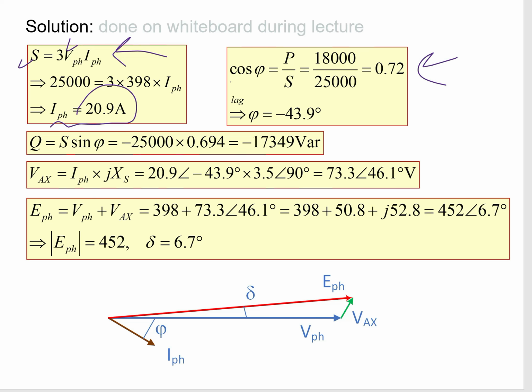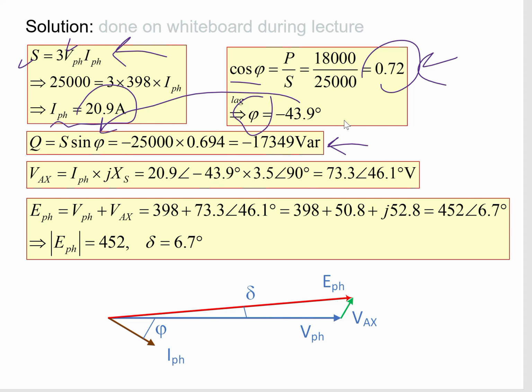So remember that the power factor is the real power over the apparent power, and having this value will give us the angle phi, which if we plug in the formula of the reactive power will give us the value of the reactive power. So always notice that you have to include the unit in your answer. So this way the reactive power is calculated. The next parameter they want us to calculate is the power factor, which we have already done over here. So this is the power factor.